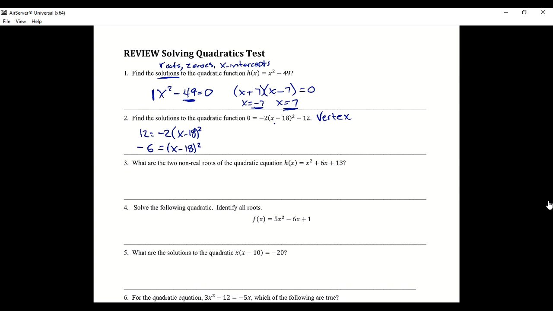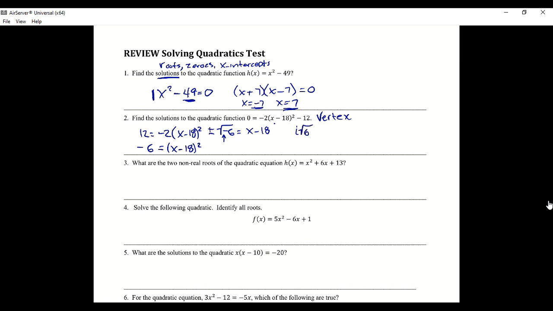Step 3, we square root both sides. So we have the square root of -6 equals x minus 18. We have a negative under our radical. This tells us we're going to have a complex solution. So we need to convert this square root of -6 to i square root of 6.